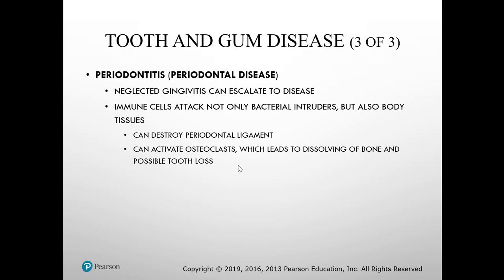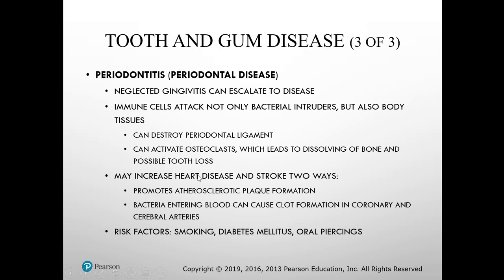That's why a lot of seniors are losing their teeth to this. It may also increase heart disease and stroke by promoting atherosclerotic plaque formation. The bacteria can enter the blood and cause clot formation in coronary and cerebral arteries. The risk factors are smoking, diabetes mellitus, or even oral piercing, because bacteria can be taken in through these oral piercings.